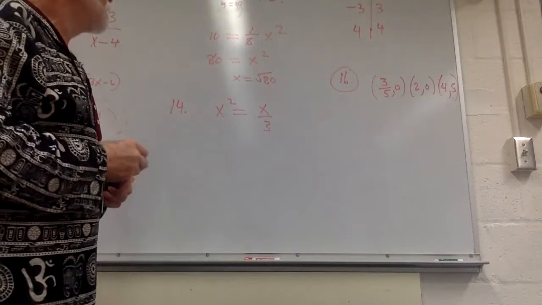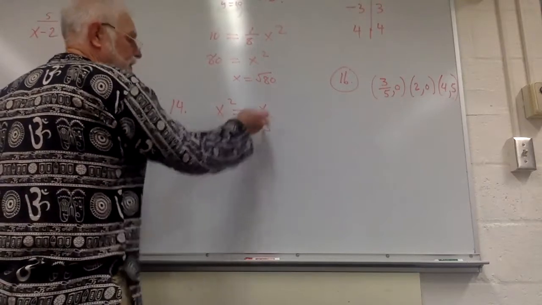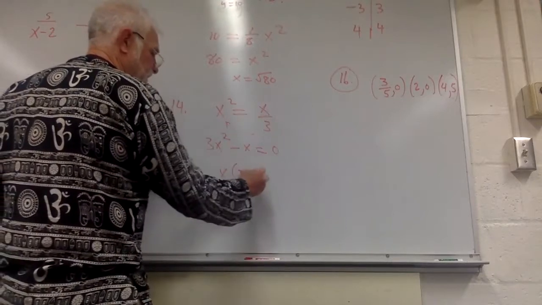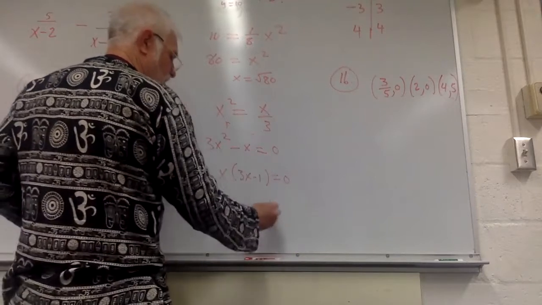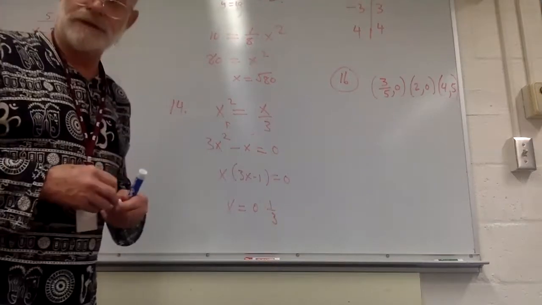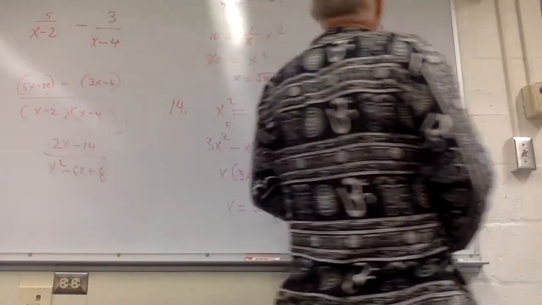Okay, 3x squared. Bring the x over, set it to 0, factor out an x, 3x minus 1 equals 0. Two answers, 0 and 1/3, which means 1/6 is the x value of the vertex of that quadratic. Minus b over 2a.